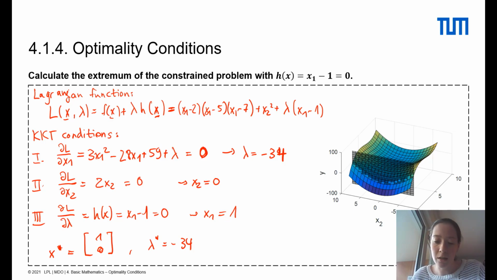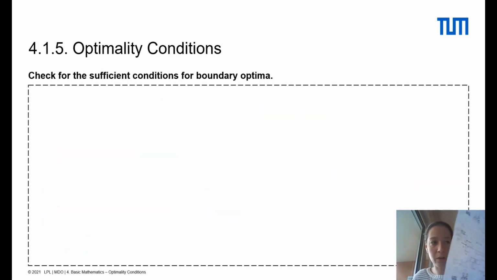The Karush-Kuhn-Tucker conditions are just necessary for boundary optima, so we have to check the sufficient conditions for the boundary optima.